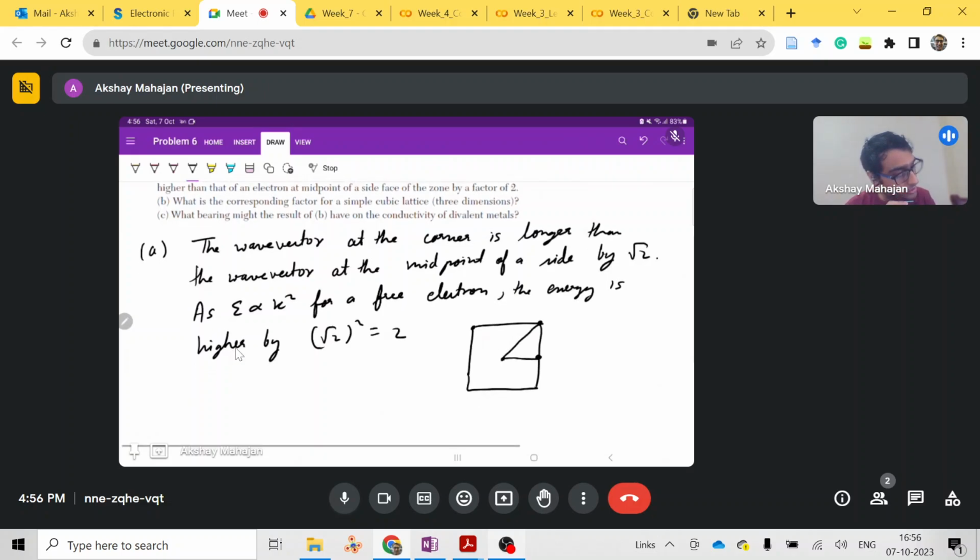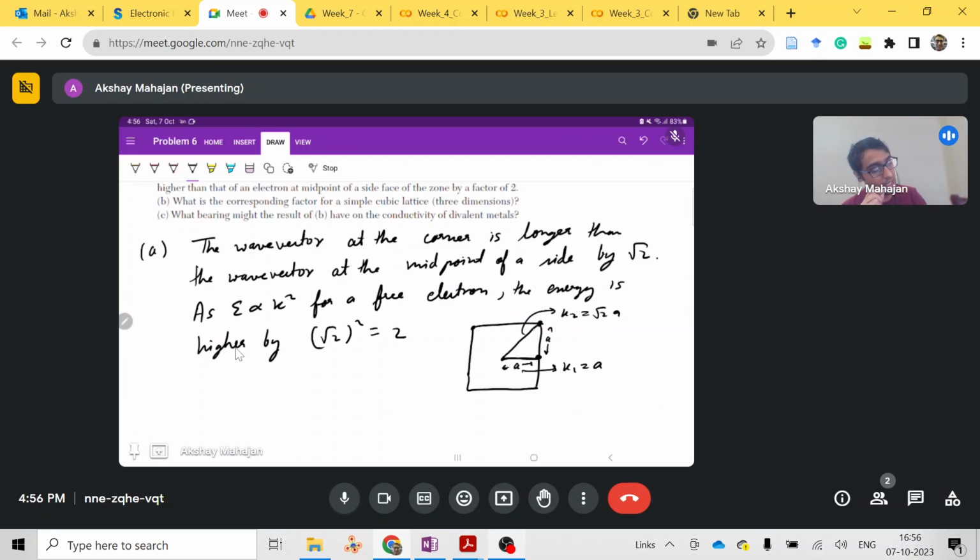Here you can see that in k space, let's say this distance is some a distance, then the length of this k vector, let's say this is the k1 vector, is a, while this k2 vector distance, as you can see from Pythagoras, if this is a and this is also a, will be root 2 times a.